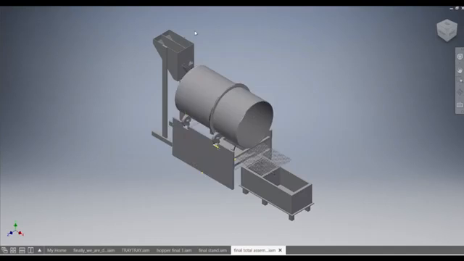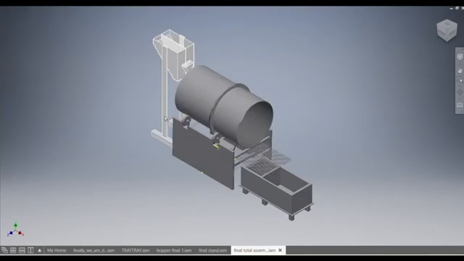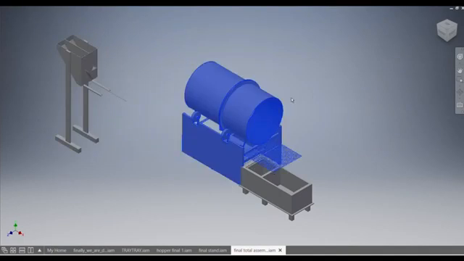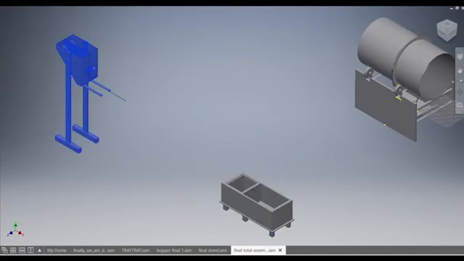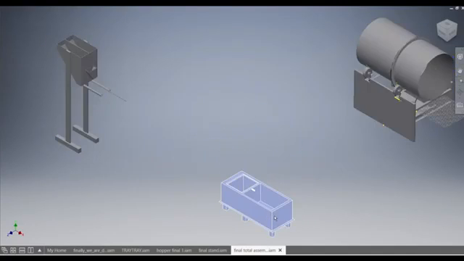So as you can see, this is our total 3D model of our system, and this system is divided into 3 subsystems. This is the hopper part, this is the drum part, and this is the collecting tray. This is subsystem 1, subsystem 2 and subsystem 3.